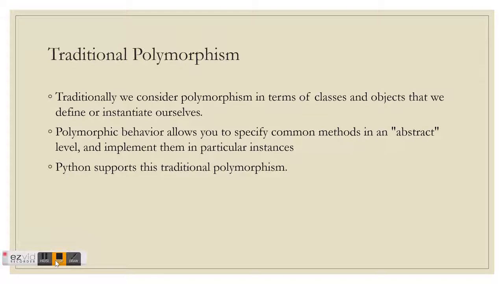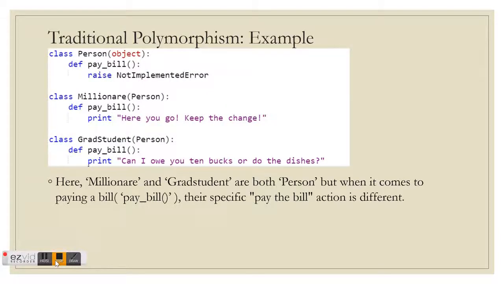Traditionally we consider polymorphism in terms of classes and objects that we define or instantiate ourselves. Polymorphic behavior allows you to specify common methods at an abstract level and implement them in particular instances. And Python supports it. Here is how.